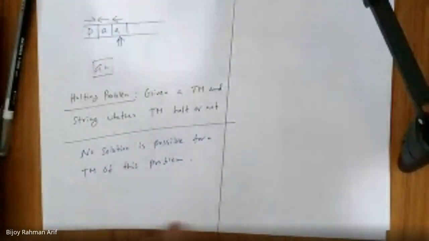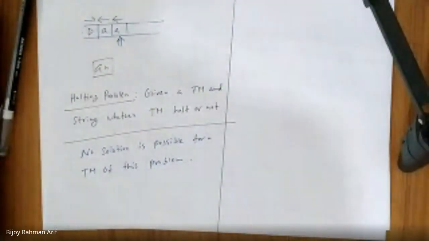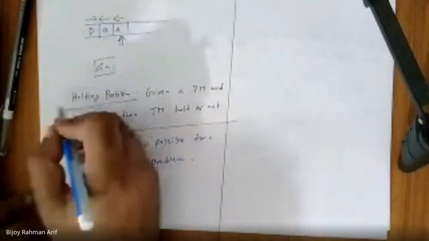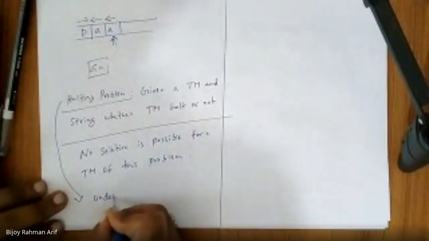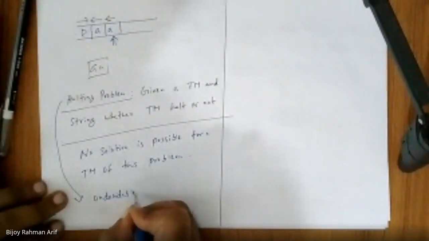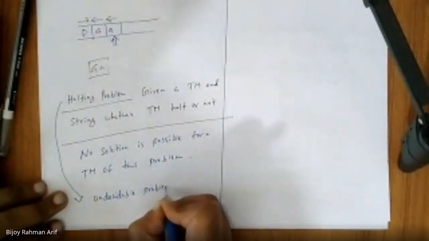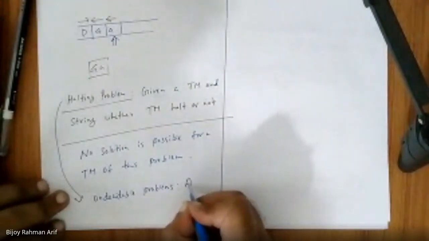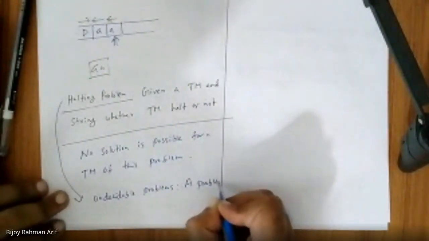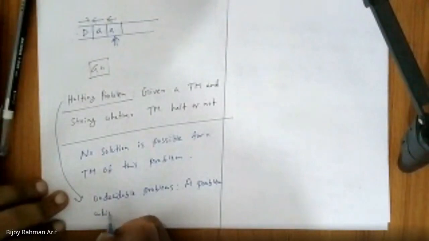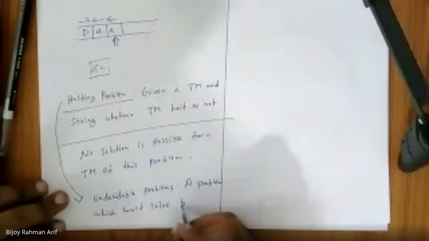So a Turing machine can never solve this problem, whether a particular Turing machine halts or not. This halting problem is a class of undecidable problem, which cannot be solved by a Turing machine.